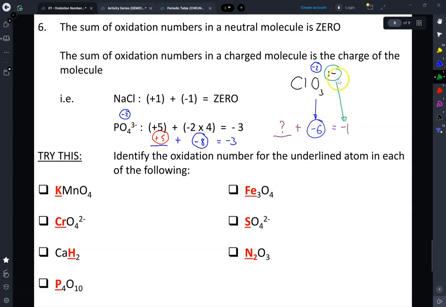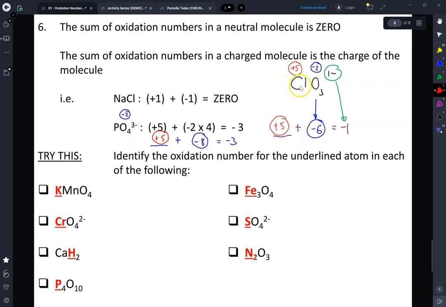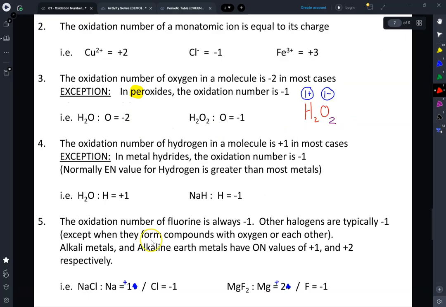So this must all add up to -1. And the only way for this equation to be true is if chlorine has an oxidation number of +5. So that's what I meant in rule number 5 when we said that halogens are typically -1. So chlorine, being a halogen, should normally have an oxidation number of -1, except in instances when they form compounds with oxygen or each other.